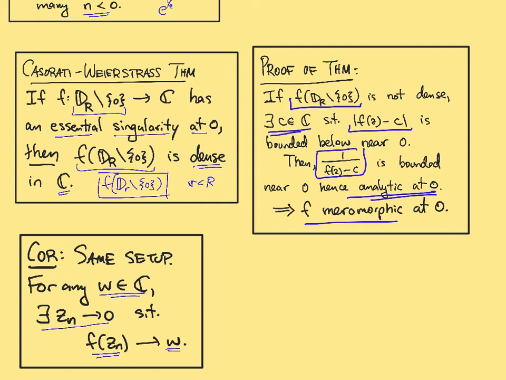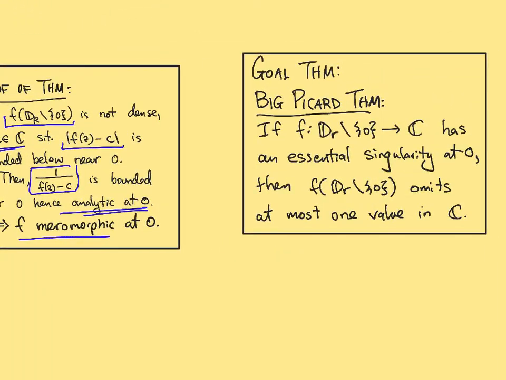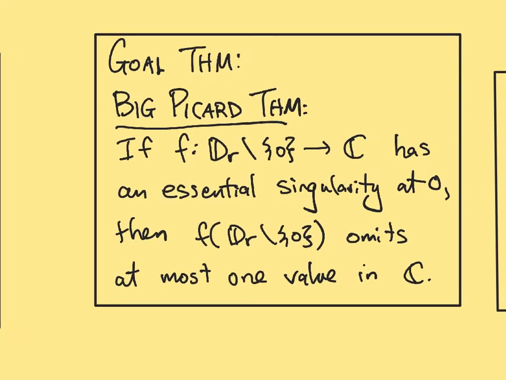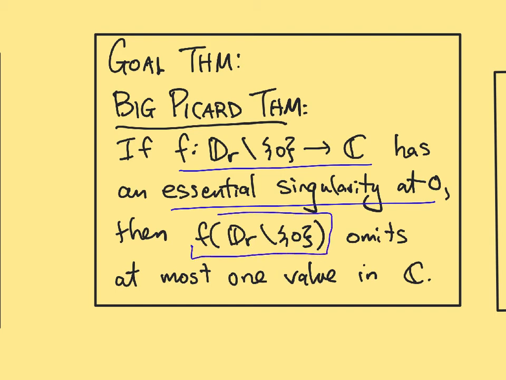This theorem does not tell the whole story about essential singularities. In fact, a big goal of complex analysis courses is to prove something called the big Picard theorem. The big Picard theorem says something much stronger, which is if I have f with an essential singularity at 0, then the image of f on that punctured disk omits at most one value in the complex plane.